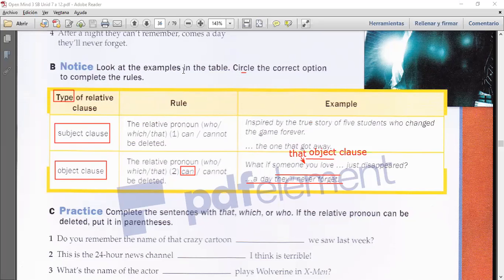In place of a day, we can say a day that, or which. If you use which it is more formal. If you use that it is informal, they say. So it's more common to use that than which.